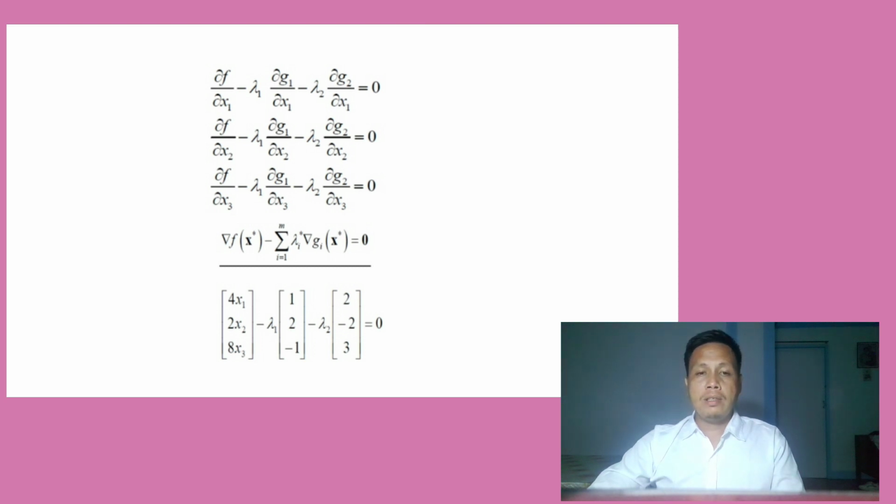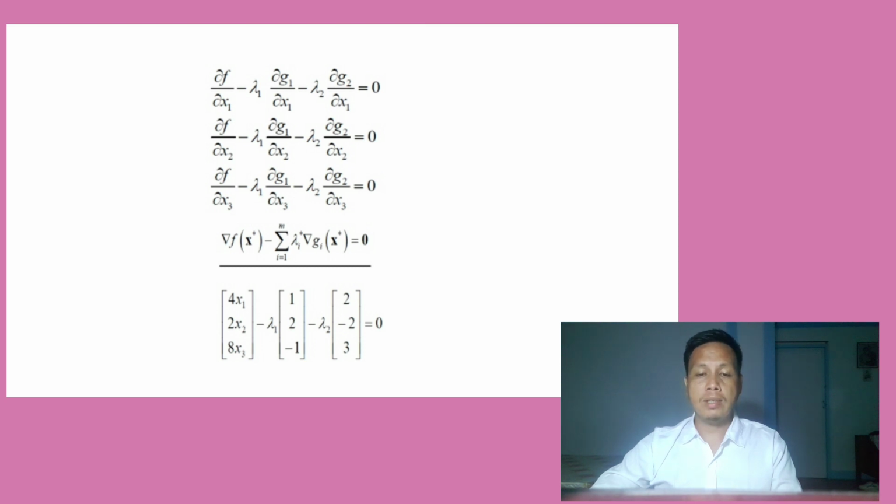The partial derivative of f over the partial derivative of x sub 1: for f, the derivative of 2x sub 1 squared is 4x sub 1, and minus lambda 1 times the partial derivative of g sub 1 over the partial derivative of x sub 1, which is 1.